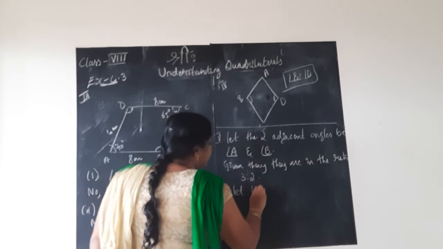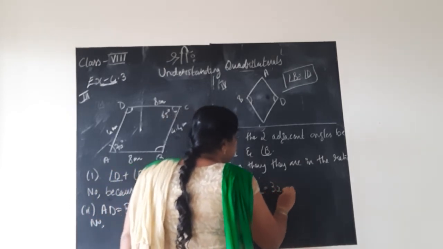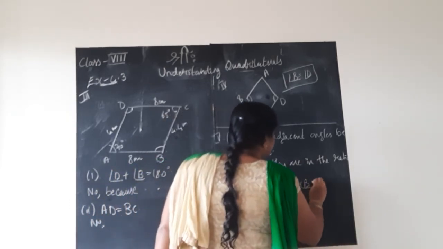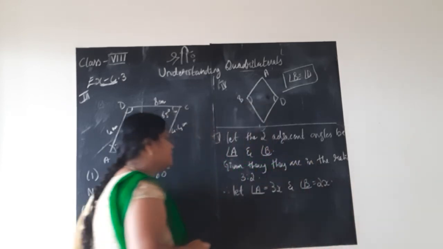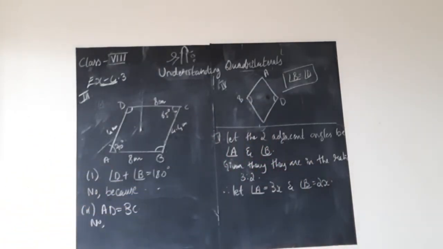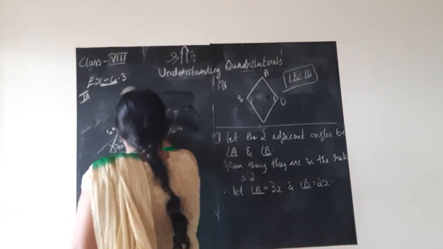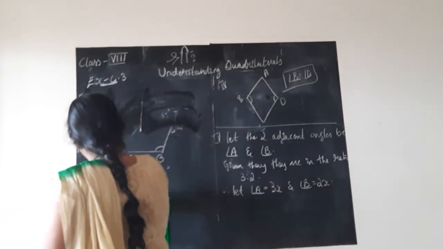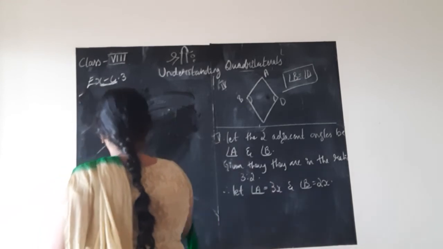Therefore, let angle A be equal to 3x and angle B be equal to 2x. That is what we do, children. Whenever ratios are given, we take each angle to be x unknown. Then only we will find out x and the actual angles.